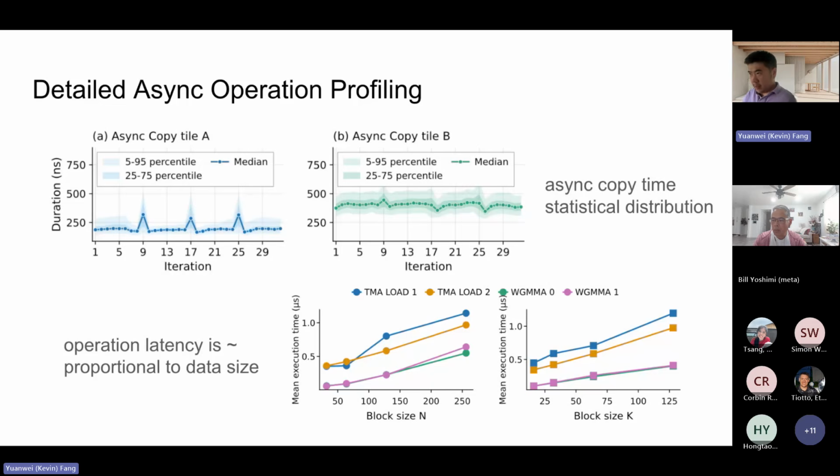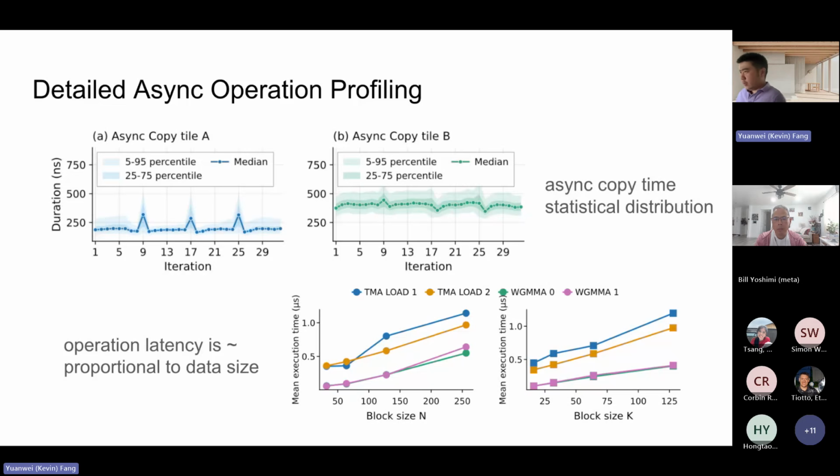You can visualize the median latency, and you can also see the percentile, for example for this async copy, roughly how long it takes. Then in your mental model, you can construct this computation model and try to optimize it.